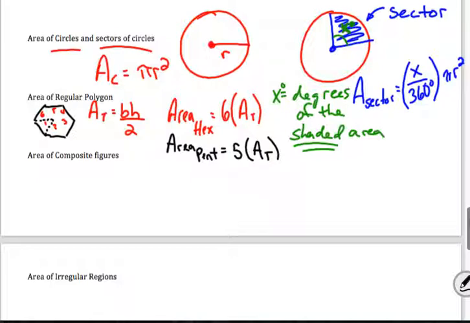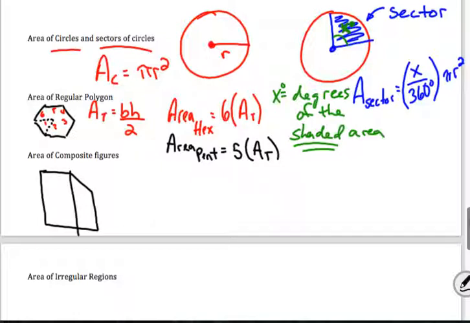Composite figures. So if I look at composite figures, what I'm looking for is a lot of math. So if I looked at this, I would have this, this, this, this, this. Right? Cut this in half.